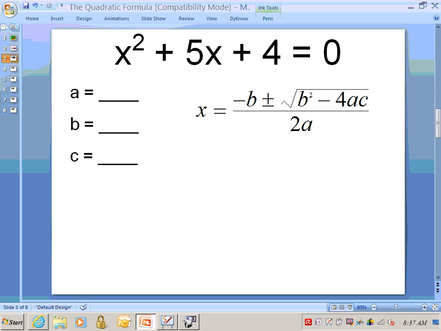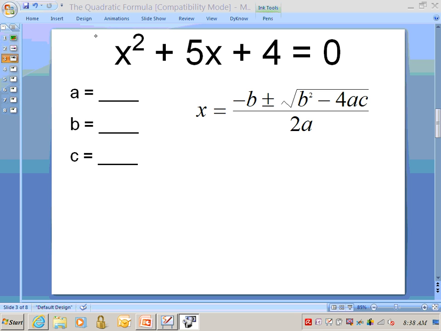Here's our first problem. So go ahead and write this down. Write your A, B, and C over to the left because we're going to figure out what those are, and then copy your quadratic formula. Okay, now let's look at this.